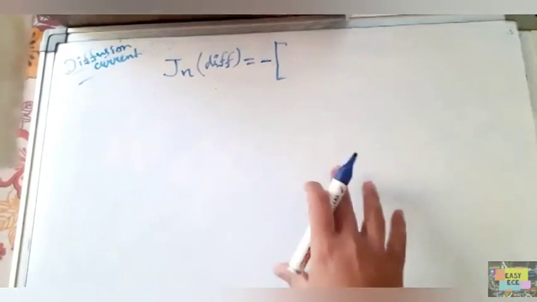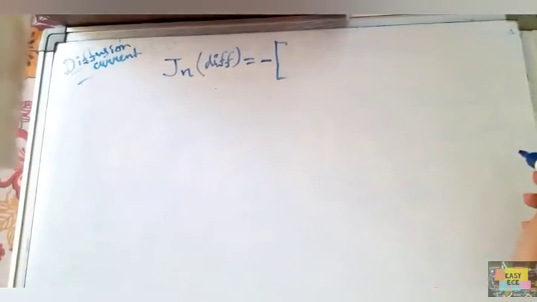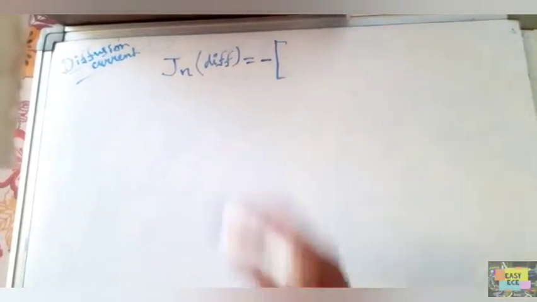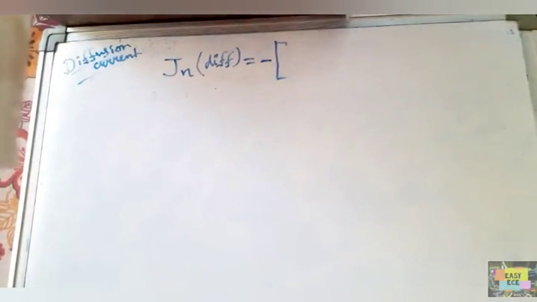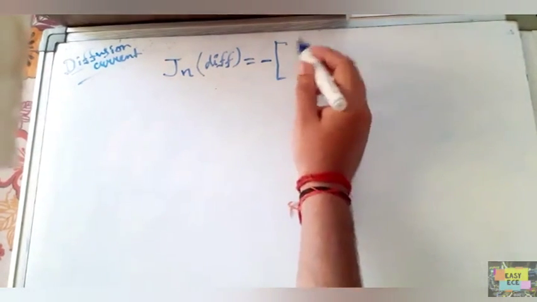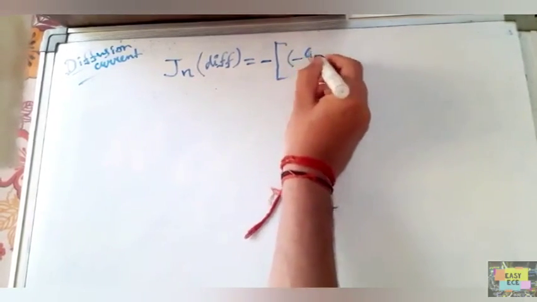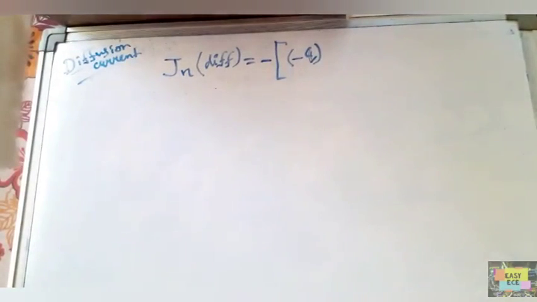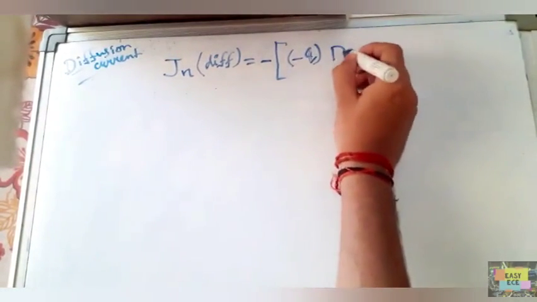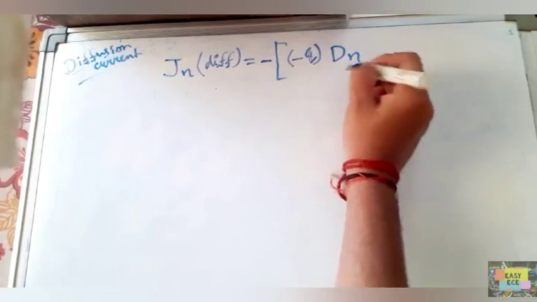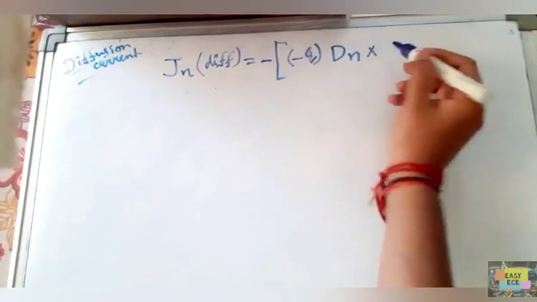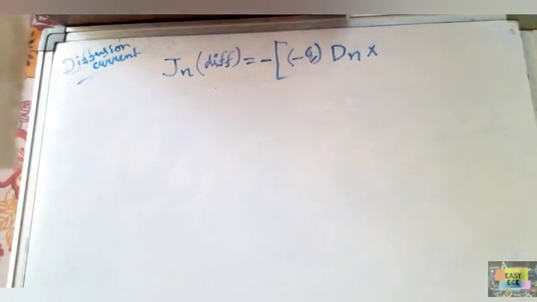Because electrons move from higher concentration to lower concentration, so the direction is opposite. Then Q is the charge of the carrier; for electrons it is minus Q, because they are negatively charged, into the diffusion constant for electrons, Dn, into the gradient of the electron concentration.